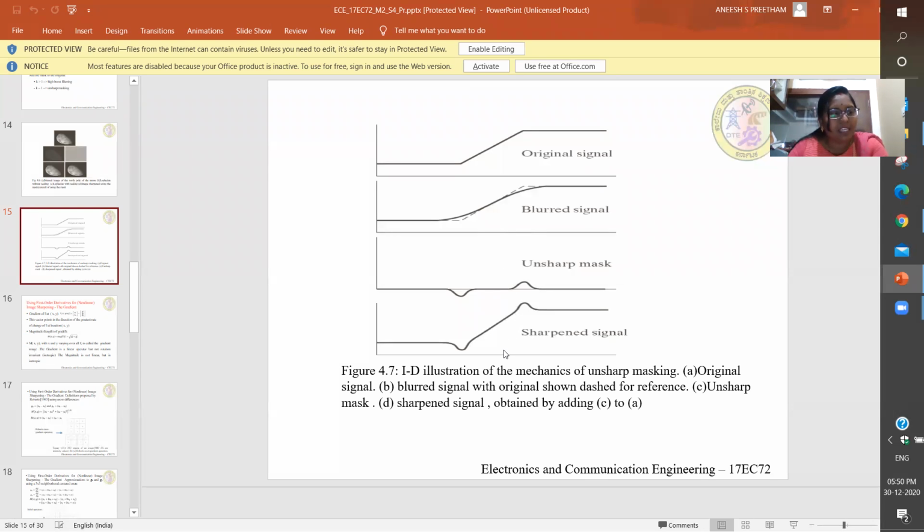So figure C corresponding to the ramp in figure A, we note that the unsharp mask in figure C is very much similar to what we would obtain using the second order derivative. Figure D is the final sharpened result obtained by adding the mask to the original image or the signal.